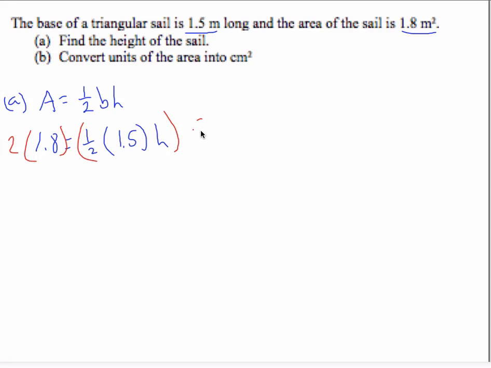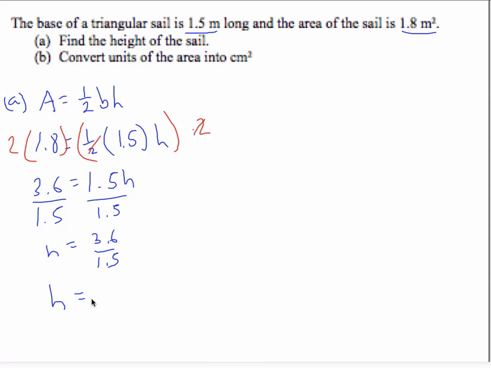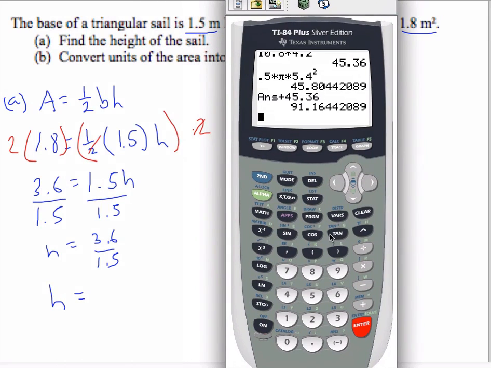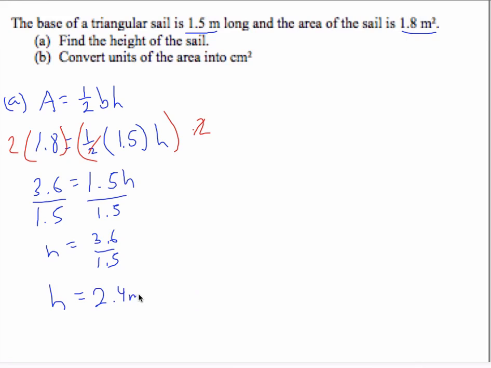That will cancel this half. We've got 3.6 equals 1.5 times the height, divided by 1.5. The height equals 3.6 divided by 1.5. Calculating that on the calculator gives us 2.4 meters.